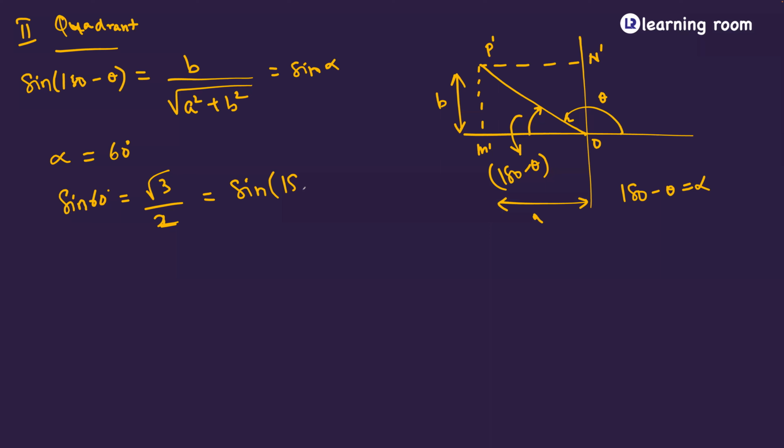Can I write it as 180 minus 120? So 180 minus 120 is going to give me this angle. Meaning this theta, if I take it to be 120 degrees, means if I make an anti-clockwise rotation of 120 degrees, it is going to give me the exact value as that of sine 60. Am I clear with what I'm saying? Are you able to understand?